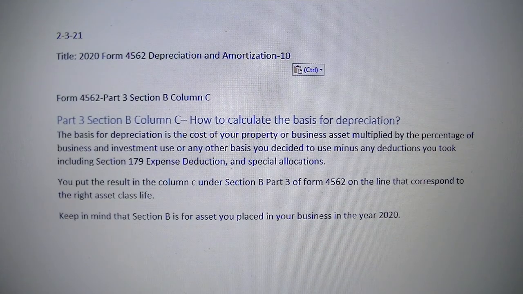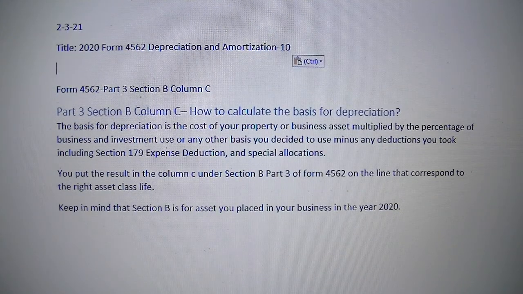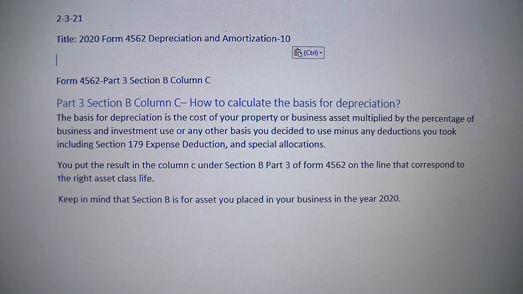So the first year you'll complete Form 4562. How do you calculate the basis for depreciation for that typical asset?